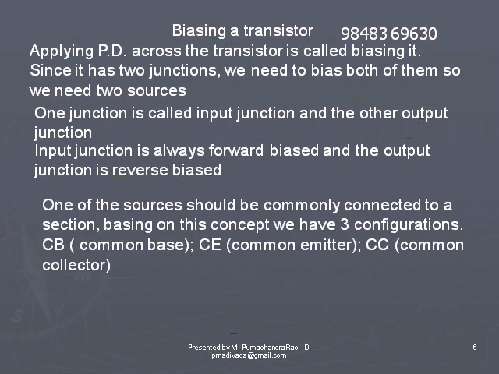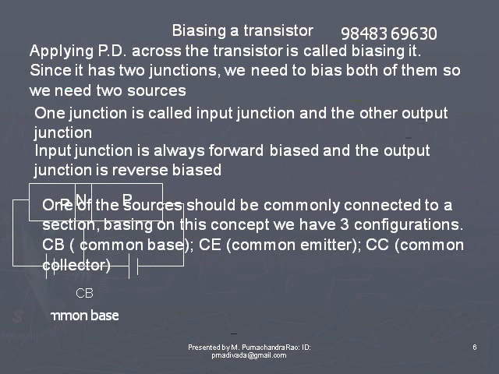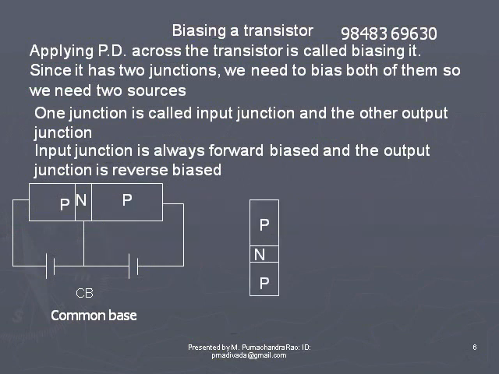A transistor has three sections. One section should be commonly connected to both the biases. Depending on this common connection, we name the configuration. So we have three configurations: common base, common emitter, and common collector.